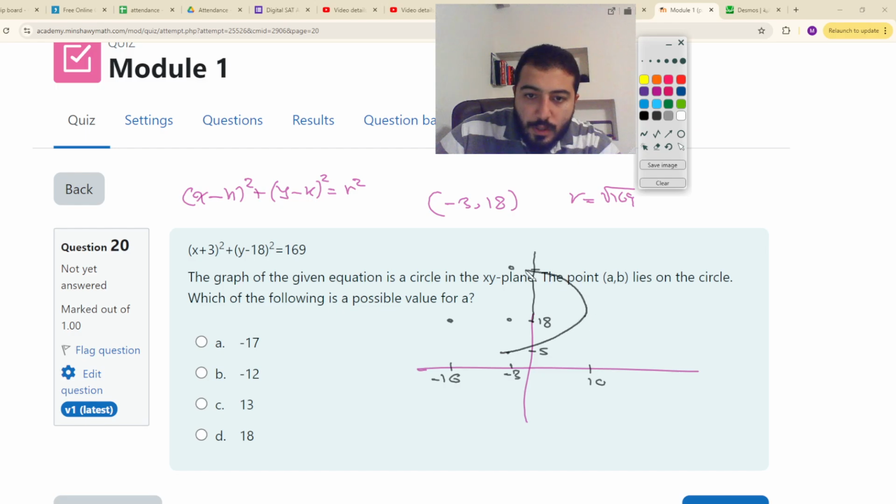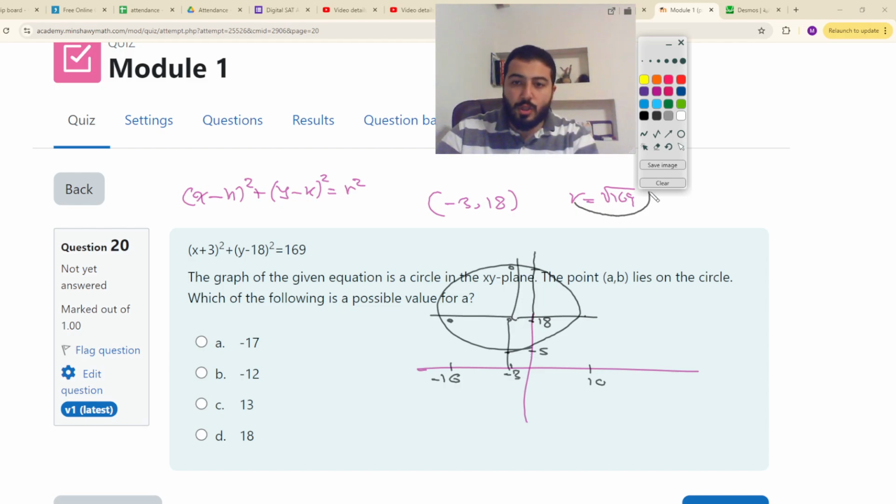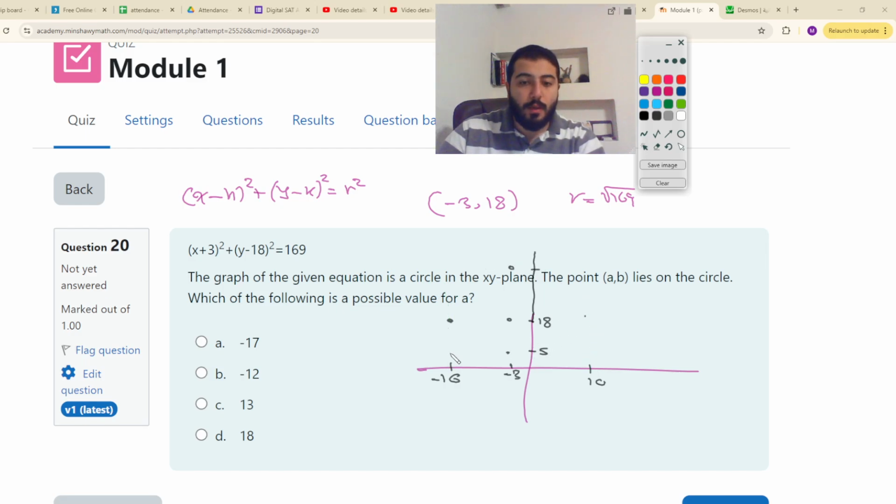This is our circle. Excuse me, because I didn't draw it as an exact circle, but it should be a circle. We know that this far is 13, 13, 13, 13, which is root 169. So now we know that the x value of any point on this circle should be between negative 16 and 10.